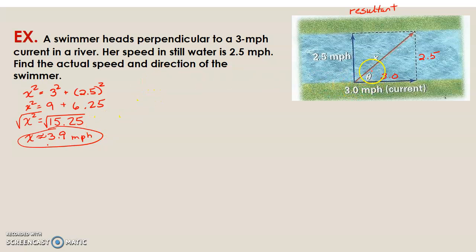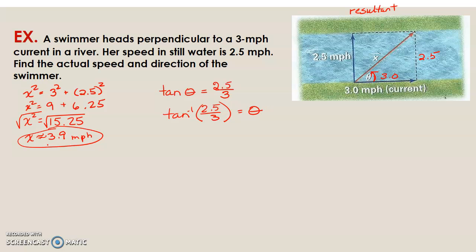My direction now is this angle right here. And we're going to use the tangent again. The tangent of theta is equal to 2.5 over 3. So that means my arctan here is the 2.5 over 3, and it will give me my angle.